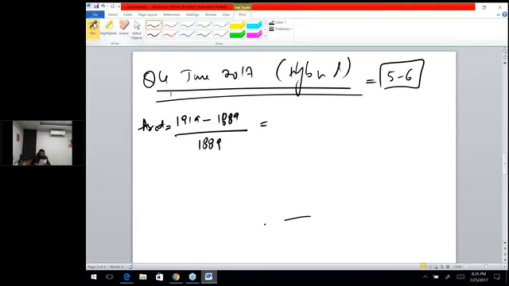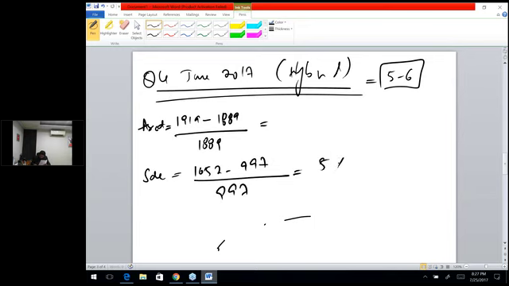The second one of them is revenue, which is 1052, and last year it was 997. So it's 1052 minus 997 divided by 997, approximately a 5.5% increase.